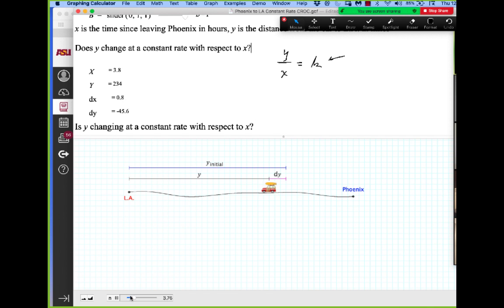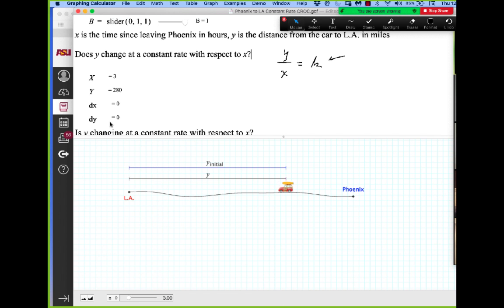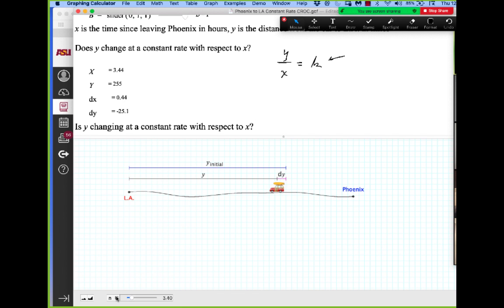Just let me show you that. When X equals 3, we're 280 miles from LA. Change in X is 0, change in Y is 0. And then when I hit go, what happens? The change in time is increasing, the change in distance is decreasing. Because Y is decreasing, dy is getting more negative.